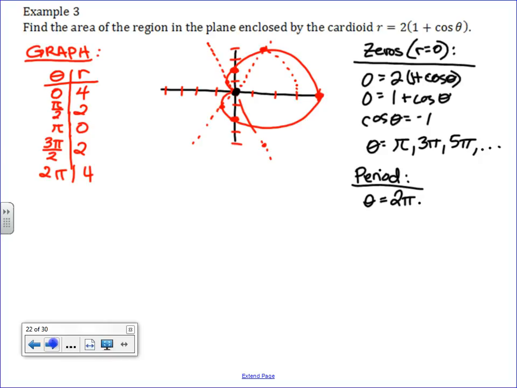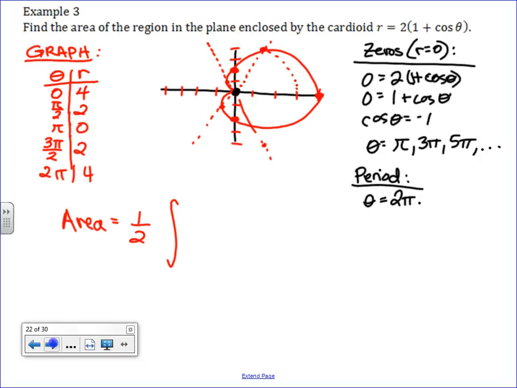Kiddos, how would I find this area? Something in front, though. 1/2. What are my bounds if they're supposed to be thetas?